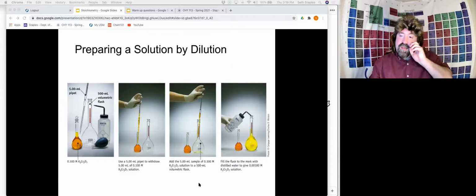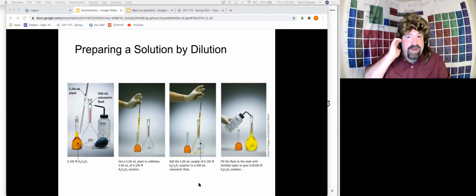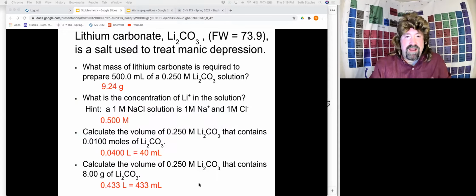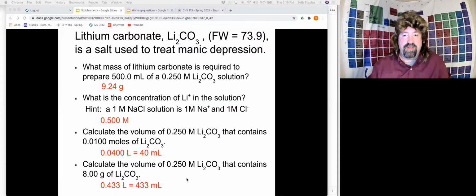Let's look at what we would need to do in order to figure out how to actually make a solution by dilution. Actually, let's back up, because there's one type of calculation that I haven't shown you yet. Let's say we wanted to make this solution right here.